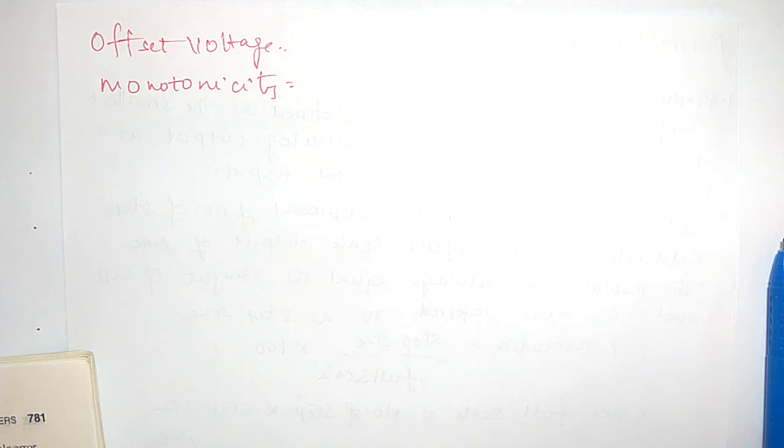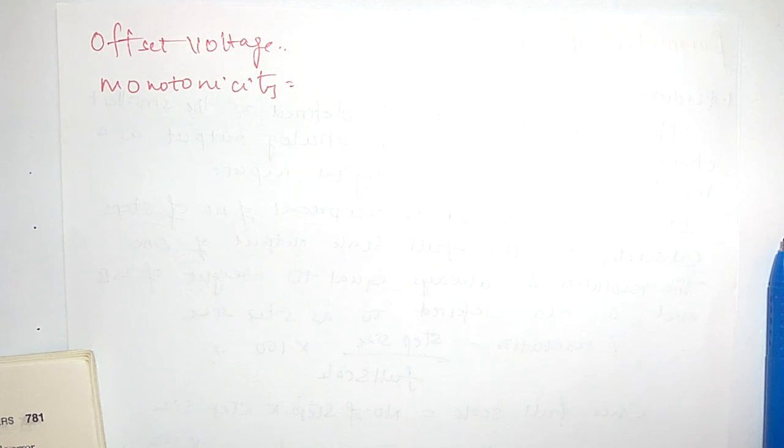And next is monotonicity. Monotonicity means a DAC is said to be monotonic if its output is increasing as the binary input is incremented from one value to the next value. That means the step is going upwards. Otherwise, the DAC is said to be non-monotonic if the output decreases when the binary input is increased.